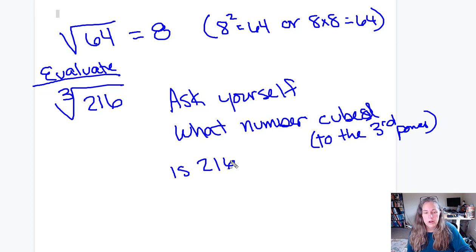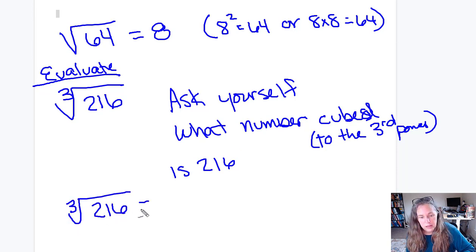So pretty much you have to know your perfect cubes. The answer to this is 6. Cube root of 216 is 6.